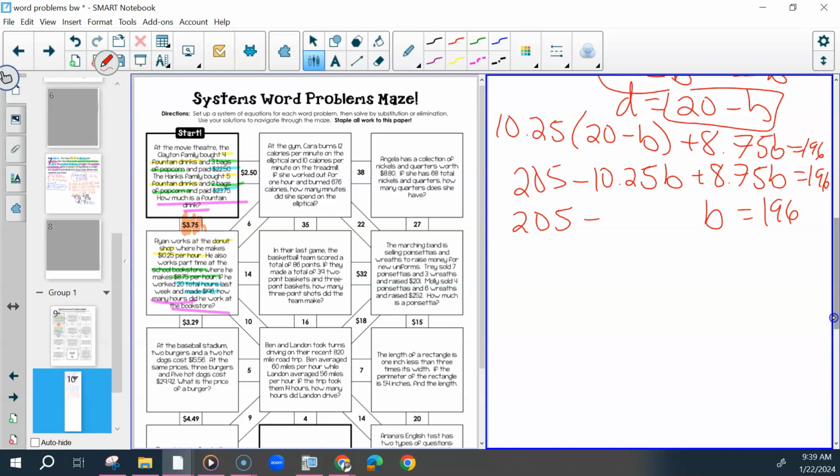What would that be when we combine those two? Negative what? Negative 2. And some change, I think. Negative 1.5. So when we start to solve and we get rid of 205, we end up with negatives on both sides.